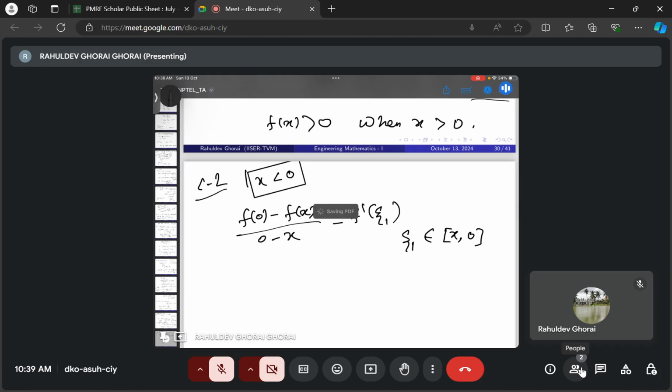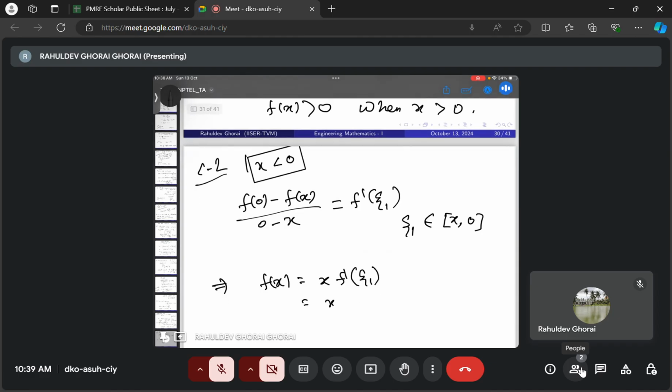Now all of us know that f(0) is 0, so 0 minus f(x), so f(x) will be x times f prime of xi 1, which is nothing but, as we have already checked, xi 1 minus sin xi 1.